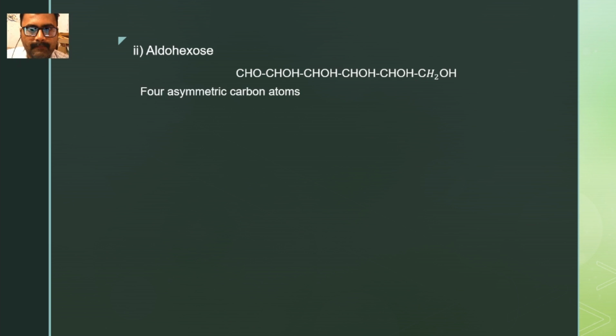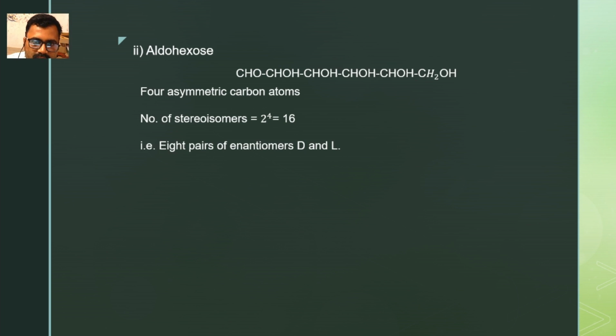So this aldohexose has 4 asymmetric carbon atoms, or 4 chiral carbon atoms. Therefore, according to the van 't Hoff rule, the number of possible stereoisomers is equal to 2 raised to 4, which is equal to 16. So these 16 stereoisomers exist as 8 pairs of enantiomers, that is the D and L isomers.